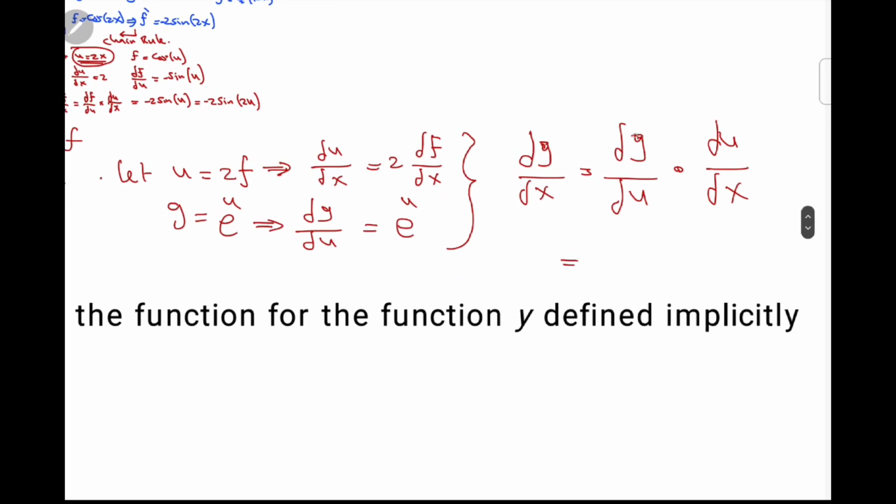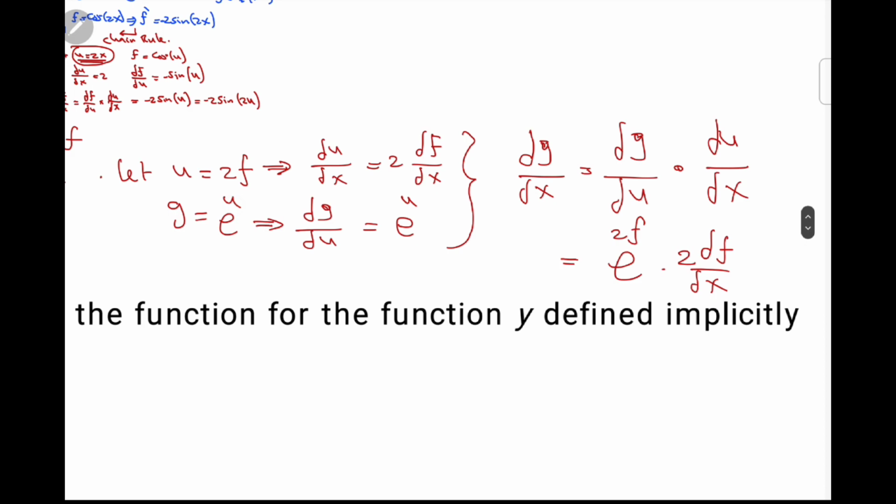So dg by du is equal to e to the u, but u is 2f, so e to the power of 2f, times du by dx, which is just 2 df by dx, and that's the final answer.